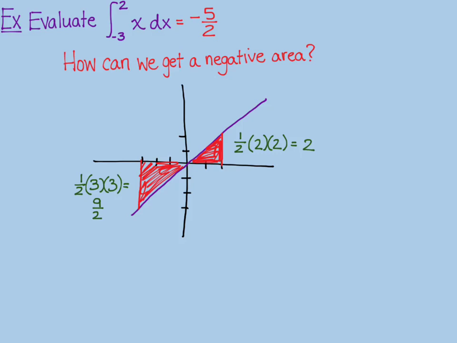And the left side triangle is 1/2 base times the height, which is 9 over 2. And notice that our answer of negative 5 halves is the same as 2 minus 9 halves, or the first triangle of the positive values minus the second triangle with the negative values.